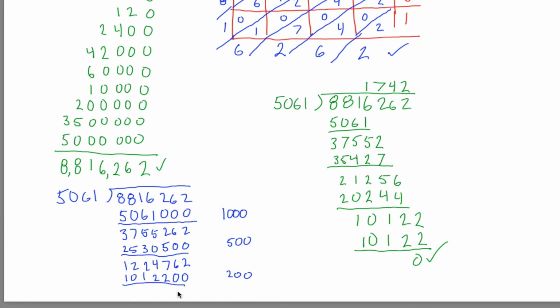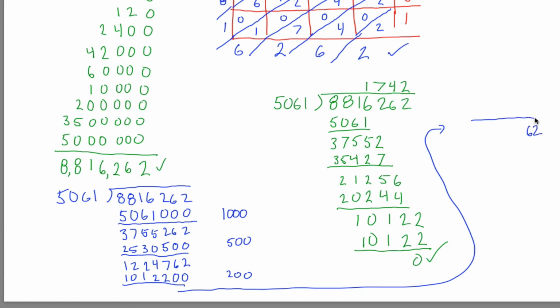I'm kind of low on room, so I'm going to cheat and move this guy up here. When I subtract, I get the 2, the 6, 7 minus 2 is 5, 4 minus 2 is 2, 2 minus 1 is 1, 2 minus 0 is 2, and so I'm here.